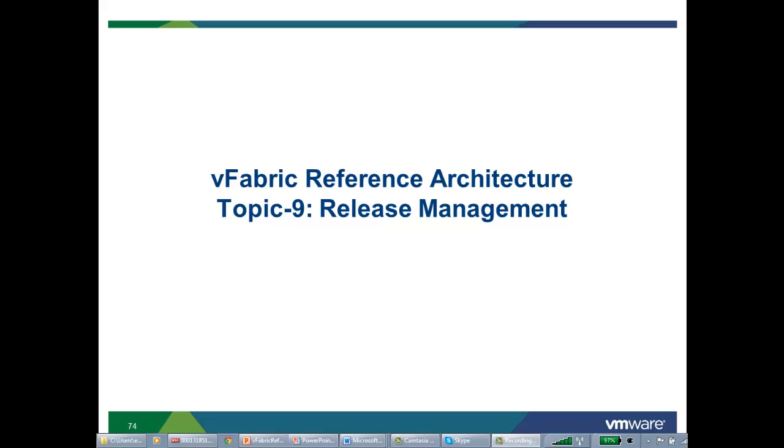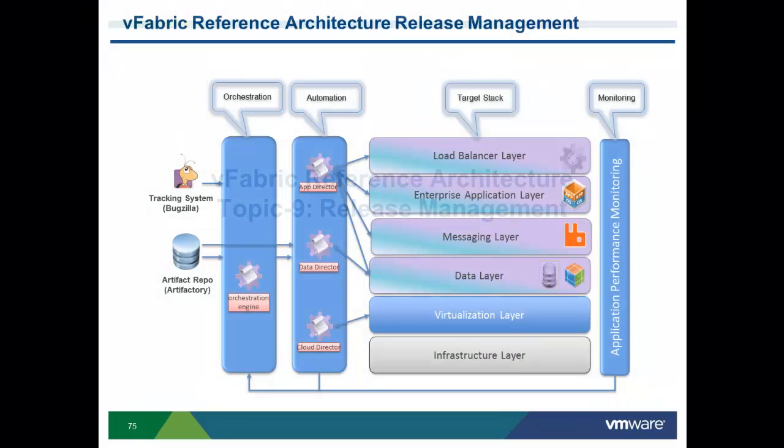vFabric Reference Architecture, Topic 9, Release Management. Release management aims to achieve a runtime environment and application functionality set with well-known behavioral properties. To implement release management across the stack of technologies used by a cloud-centric application such as SpringTrader, specific infrastructure and tooling is required.